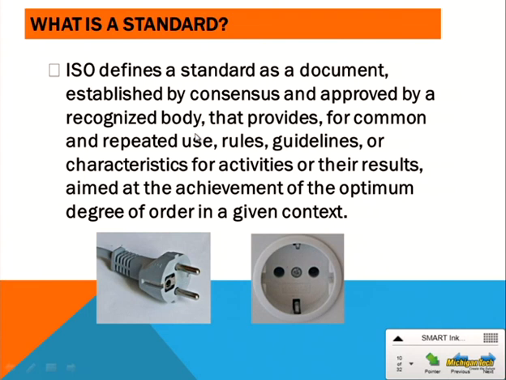The second one is it must be approved by some recognized body. This recognized body provides for common and repeated use rules, guidelines, or characteristics for activities or their results, aimed at the achievement of the optimum degree of order in a given context. So this is the basic definition of standards.